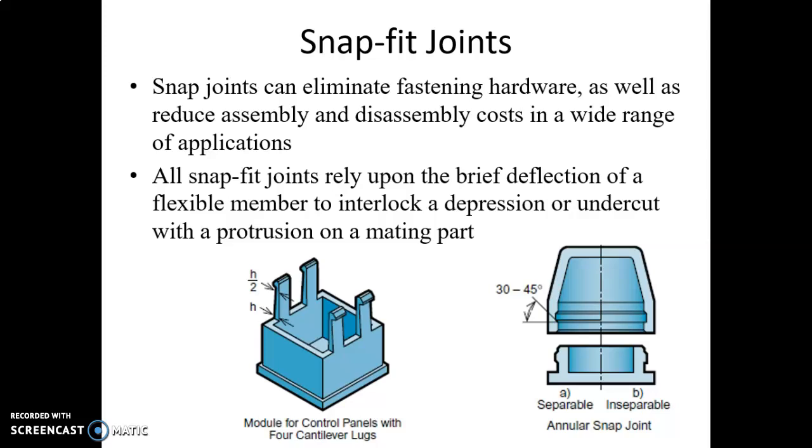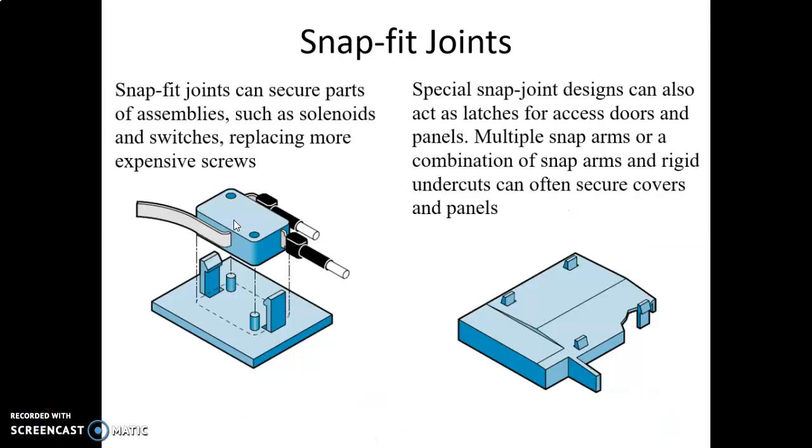If designed properly, snap fit joints can secure parts of assemblies such as solenoids and switches, replacing more expensive screws. Special snap joint designs can also act as latches for access doors and panels.